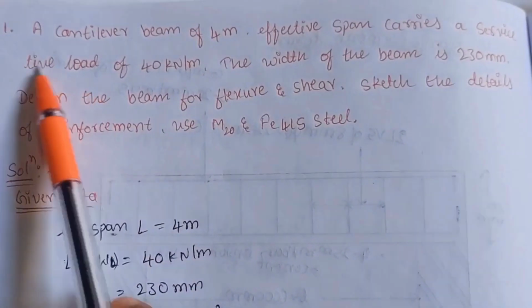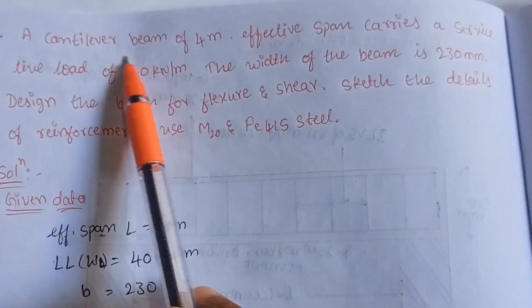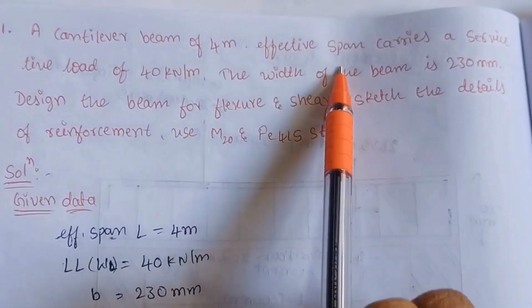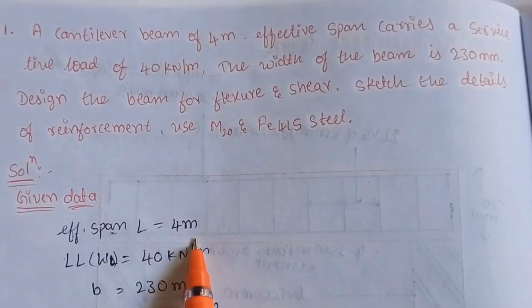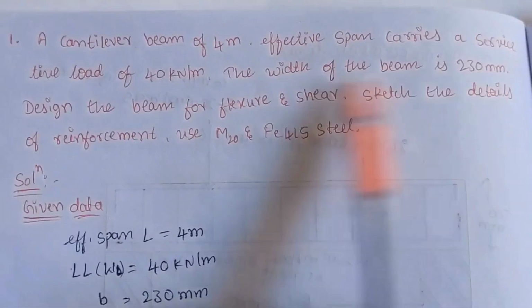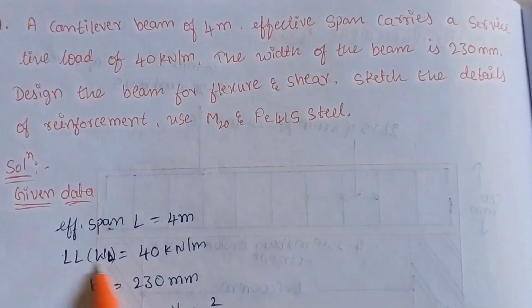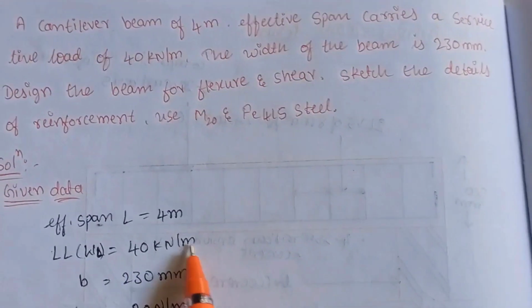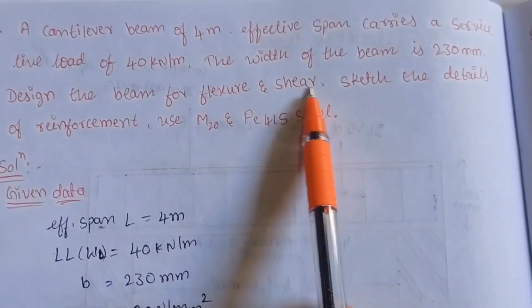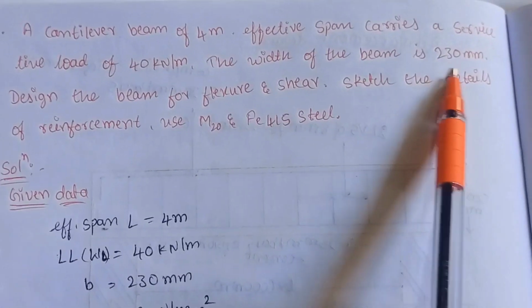So what have they given? They have given a cantilever beam of 4-meter effective span. So our L is equal to 4 meter, and that carries a service live load of 40 kN per meter. So live load is equal to 40 kN per meter, and the width of the beam B is 230 mm.